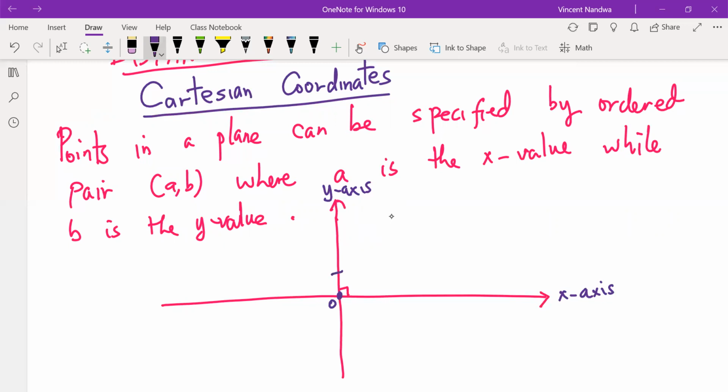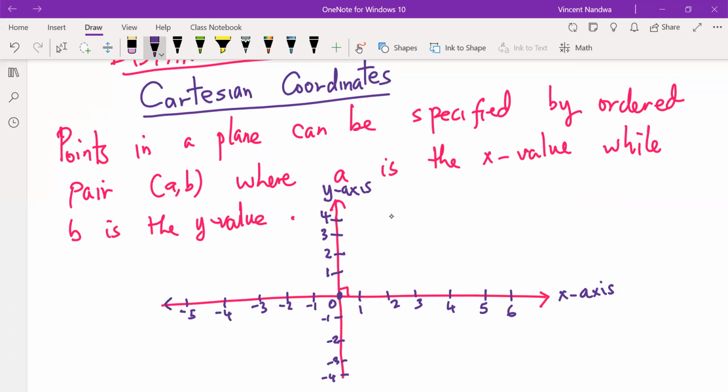So we can label this as 1, 2, 3, 4, etc. This one -1, -2, -3, -4, and many other values to the left. So 1, 2, 3, 4, 5, 6, etc.